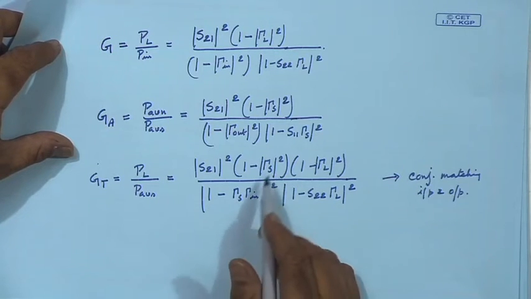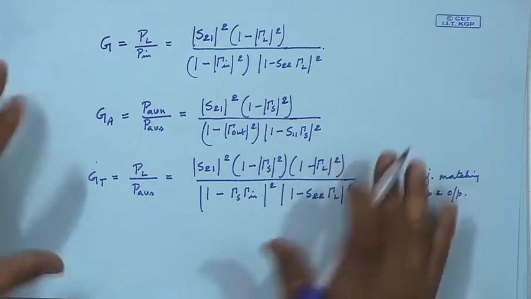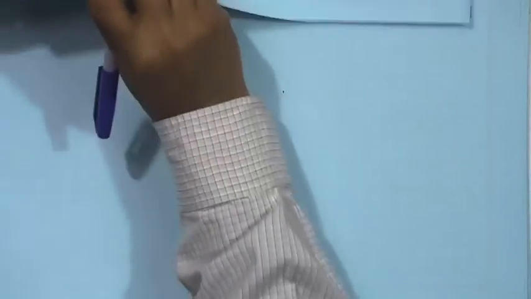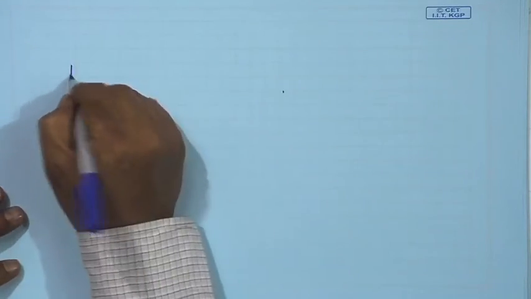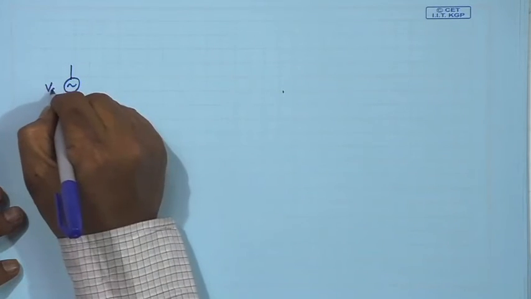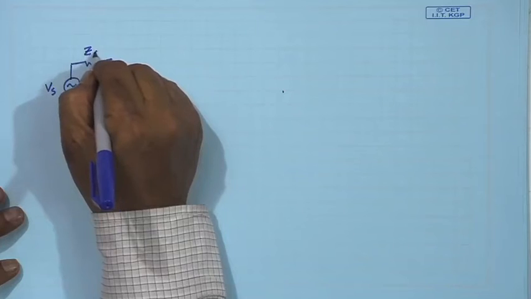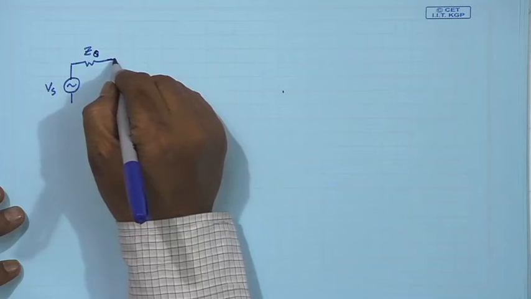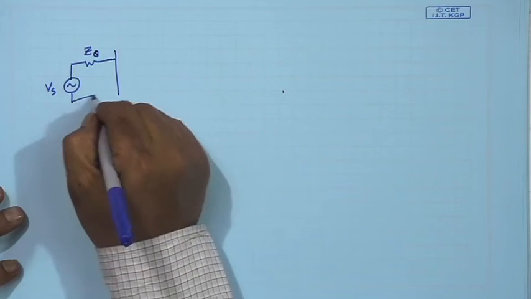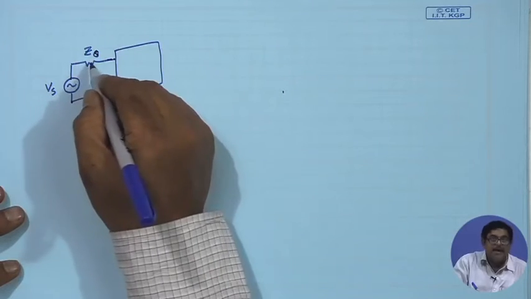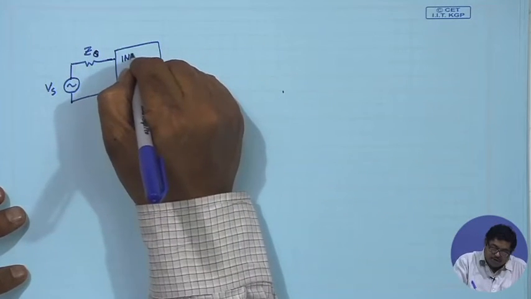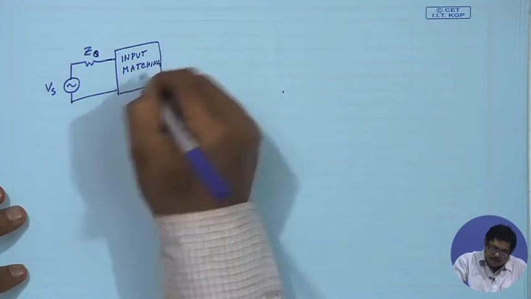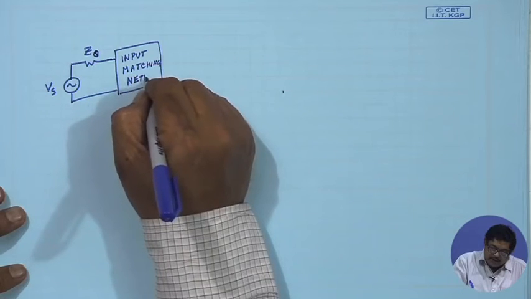Now, here you see that this is a total design, that means I need to find out gamma S, gamma in, etc. But now I can attempt this whole thing like this: I have a source Vs here, and basically I have a ZS, but with an input matching network.